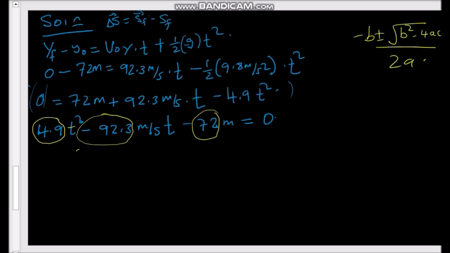So we have a, the value of a is 4.9, b is minus 92.3, c is equal to minus 72 meters. So we can substitute all the values into this equation.